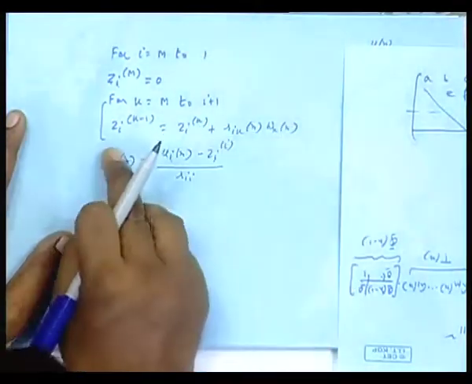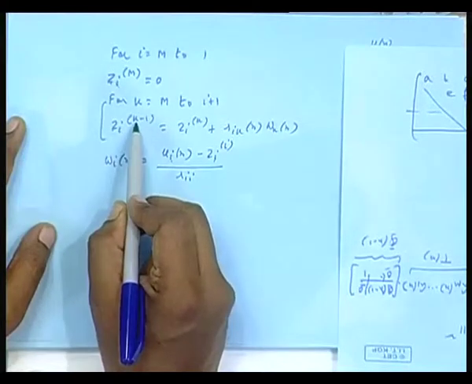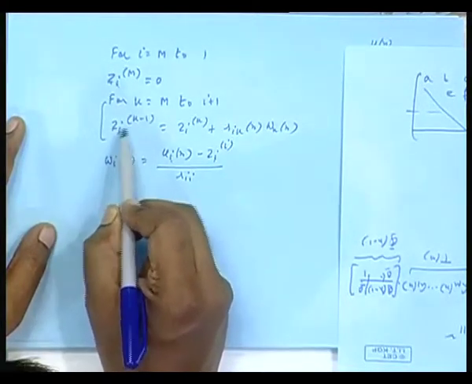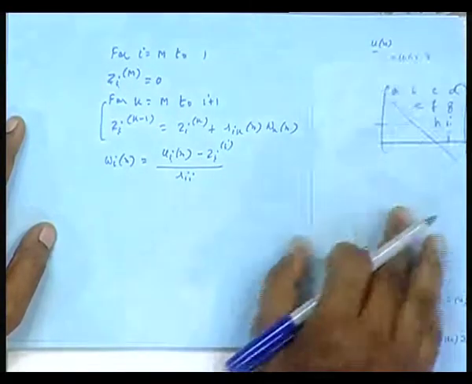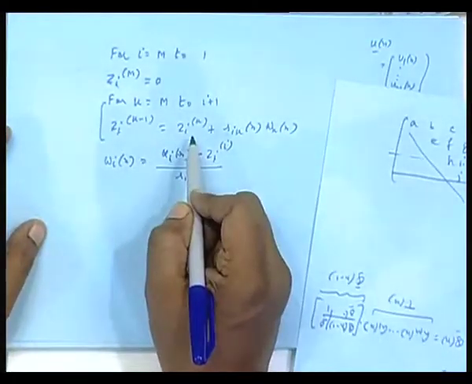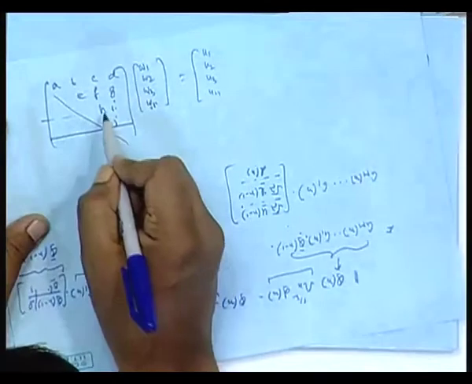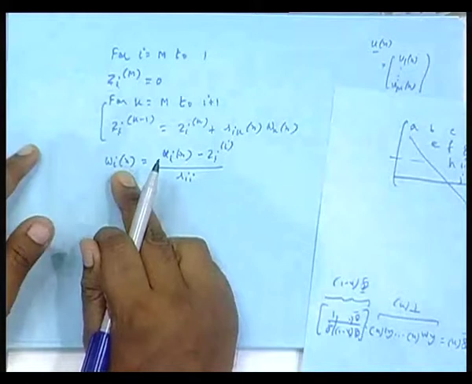This part I am giving a name, Z m minus 1, m minus 1. Both have to be same, then only I will bring it back here. And that comes U m minus 1 n, that is the last guy, minus that part, divided by this component R m minus 1, m minus 1, that will give you this.